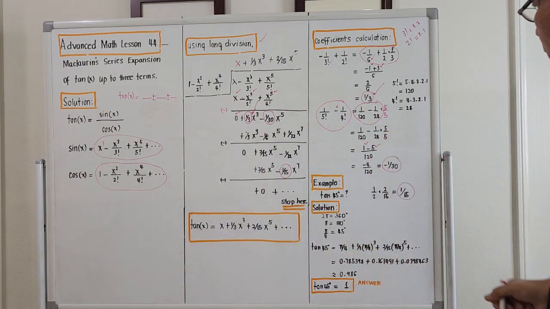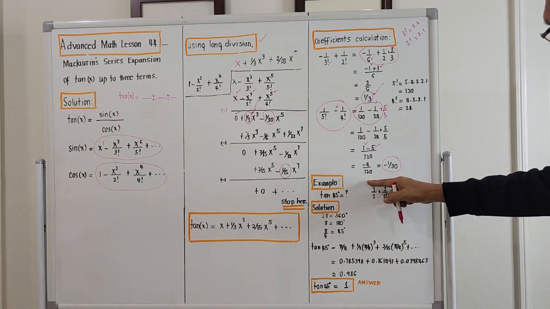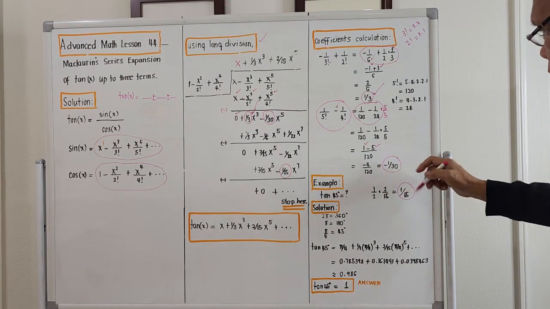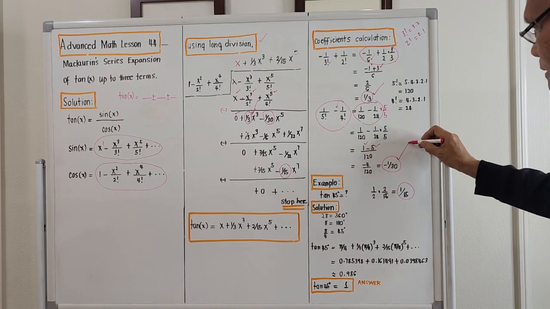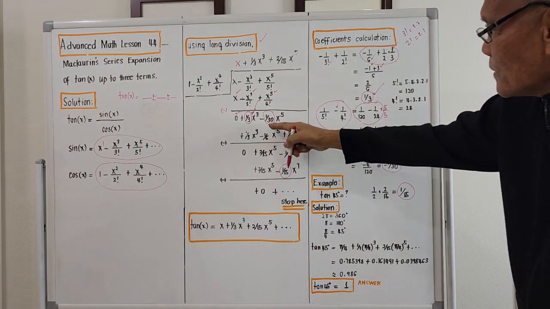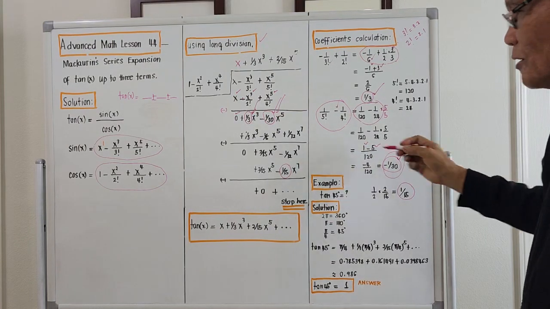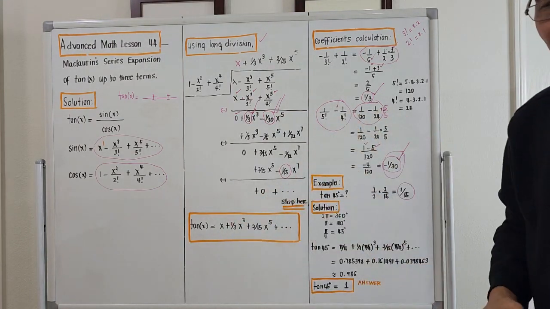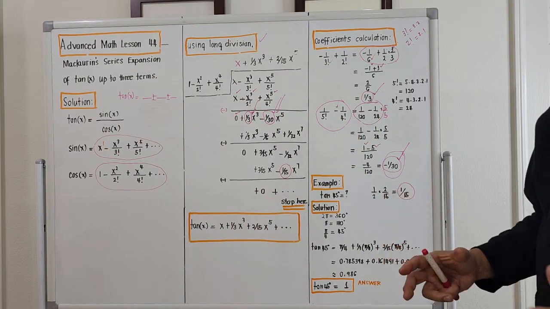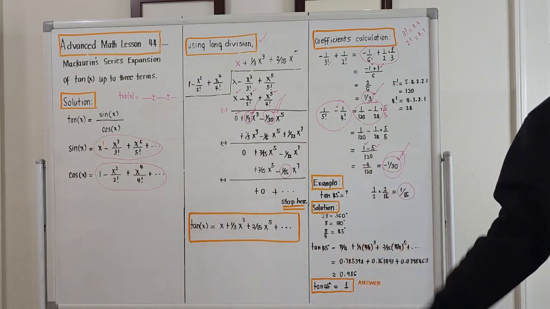So what will come out will be minus 4 over 120, and minus 4 over 120 is actually minus 1 over 30. So this coefficient minus 1 over 30 emanates from here. We did it separately for us to understand where the coefficient came from.